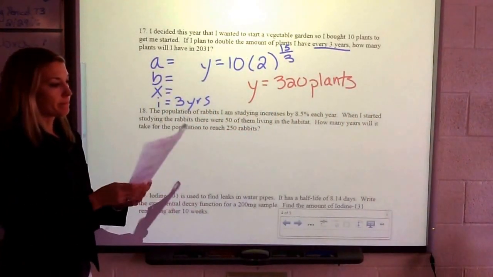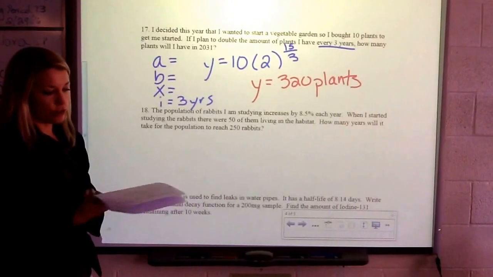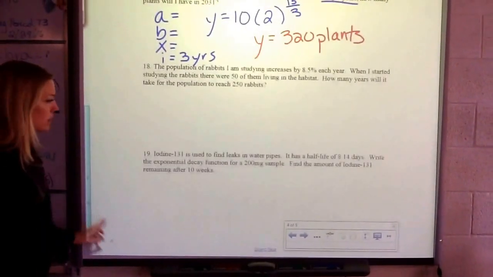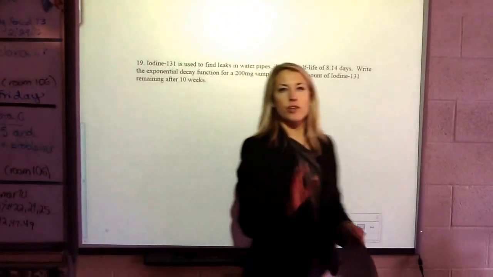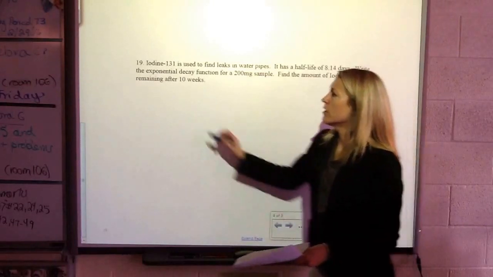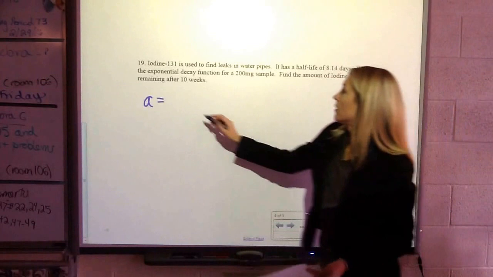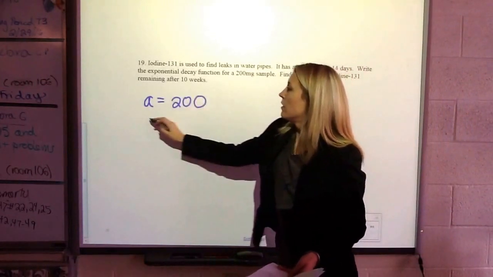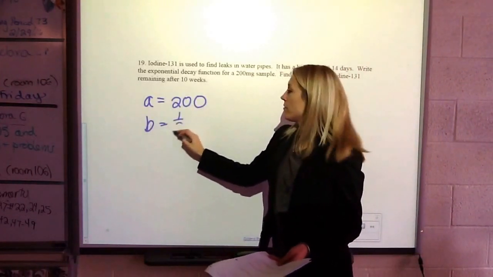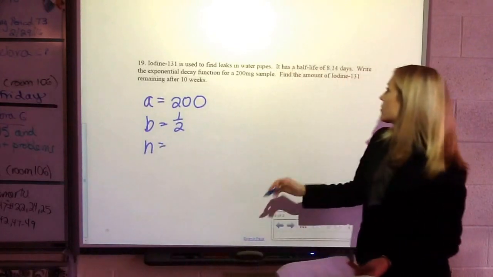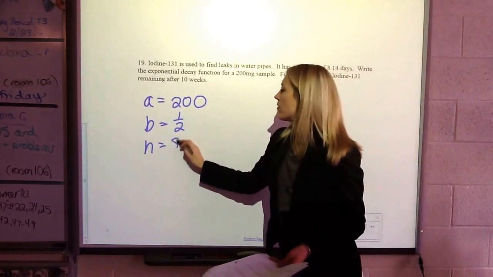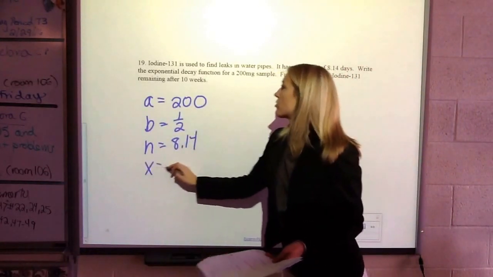Okay. Next problem I'm going to do is 19, a half-life problem. You guys worked on these in class, so you should be good. Look for your starting amount. B is always 1/2. Look for the half-life, it's always after the word half-life. And look for what you have to plug in.